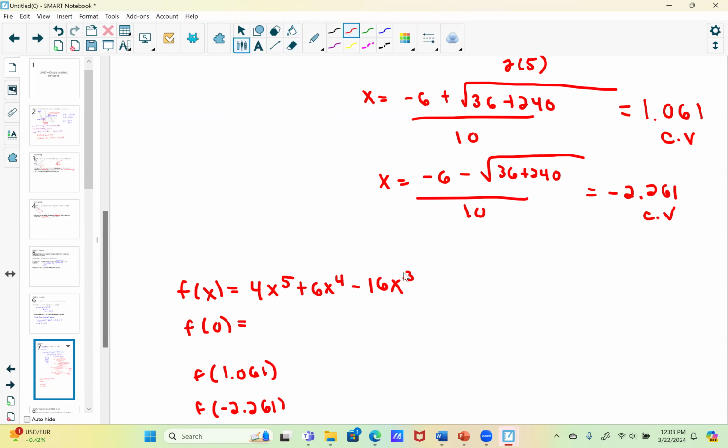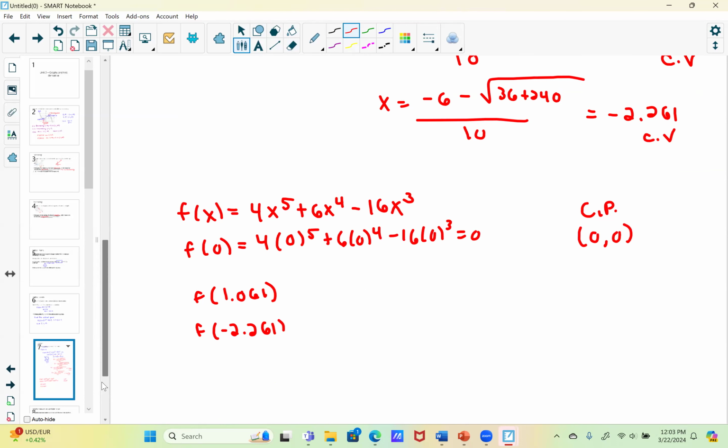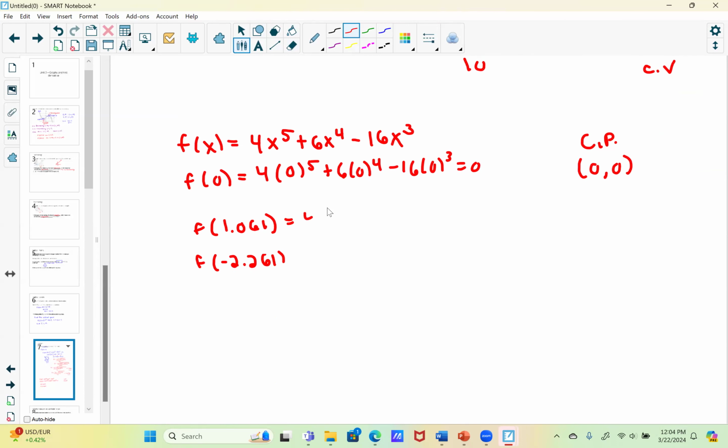Okay, so I'm just plugging each of these values into the original function. And please make sure you label this so I know what function you're using. So I plug this in. Okay, every term has a 0, so this is just going to be 0. Okay, so my critical point, my first one is 0, 0. My second one, I'm going to plug this into this function.